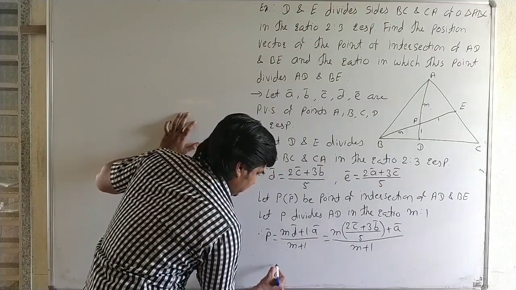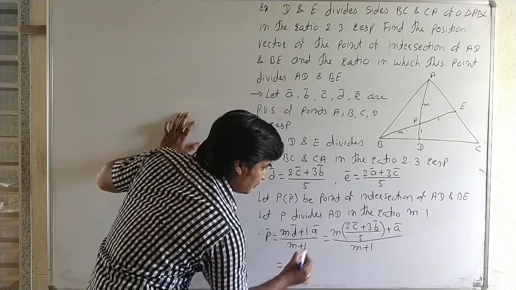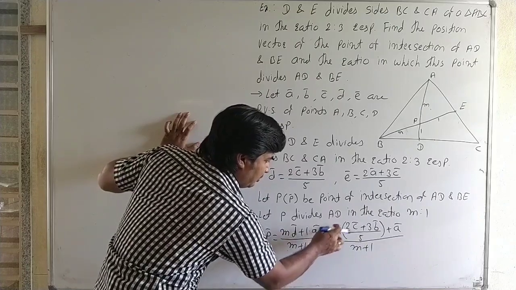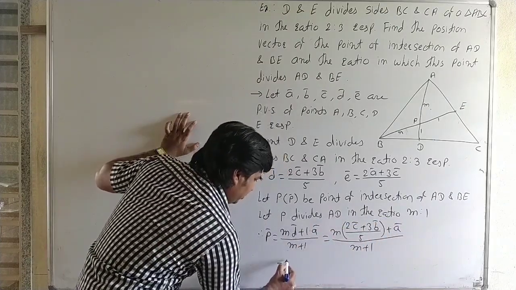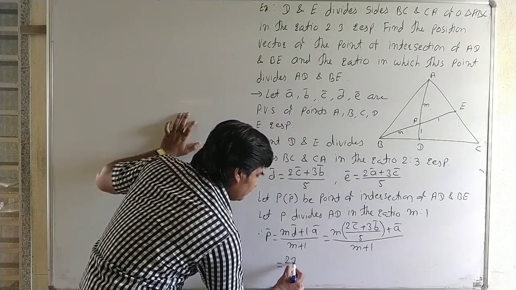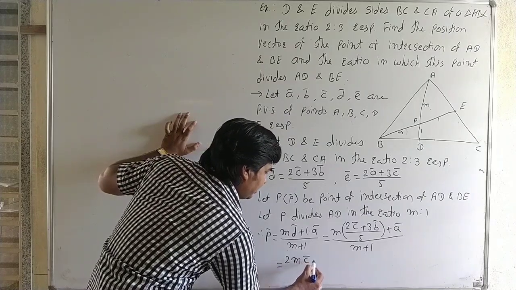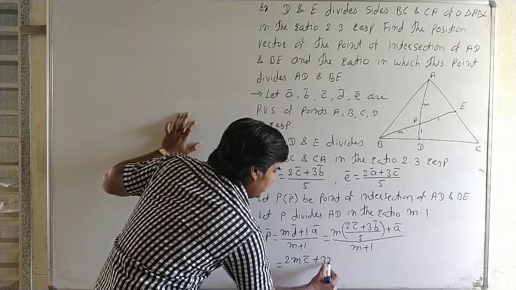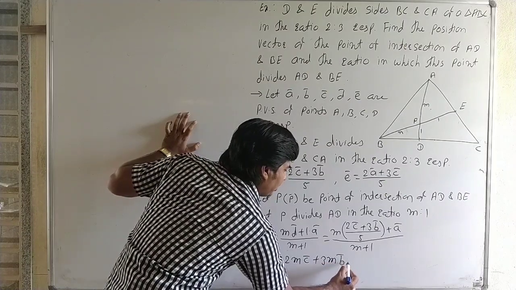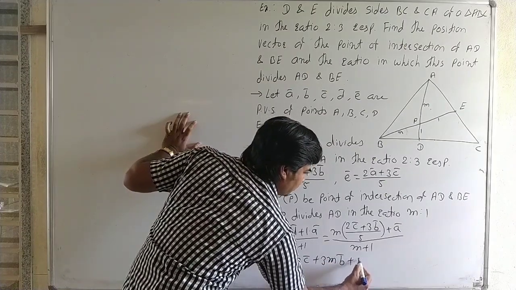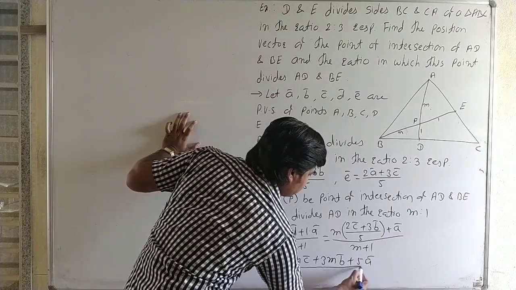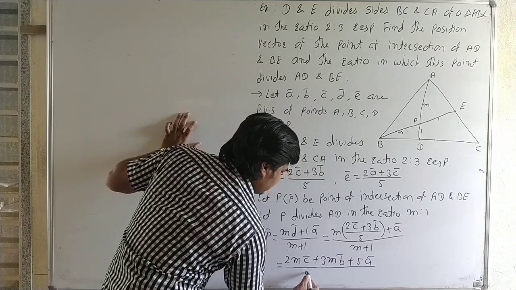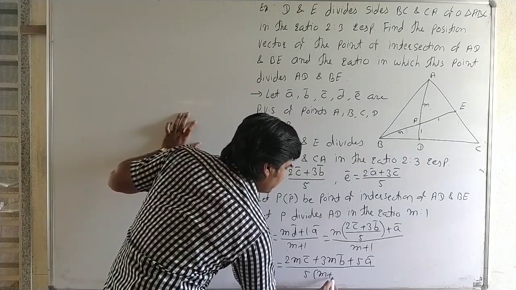This can be written as m into 2, m into 3, and 5 into A. Therefore P bar is equal to (2m C bar plus 3m B bar plus 5 A bar) upon 5 into (m plus 1).